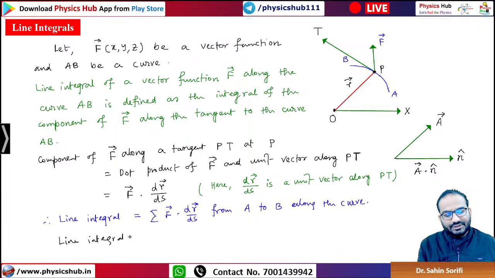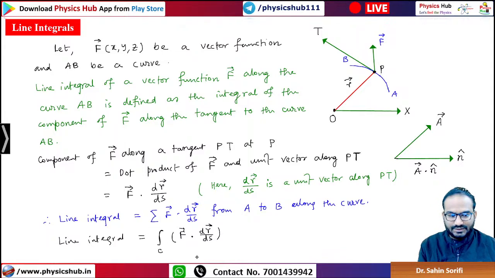And we define this line integral in terms of integration. If you are given any curve, then the curve is represented by C. So integration over some given curve C of f dot dr by ds. Instead of using this sum, we can write it in terms of integration in this way.